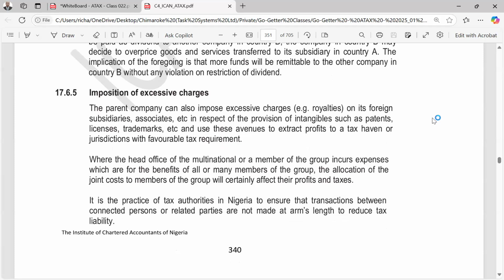Then imposition of excess charges. The parent company can also impose excessive charges on its foreign subsidiaries in respect of provision of intangibles such as patents, licenses, trademarks, and use these avenues to extract profits to a tax haven.